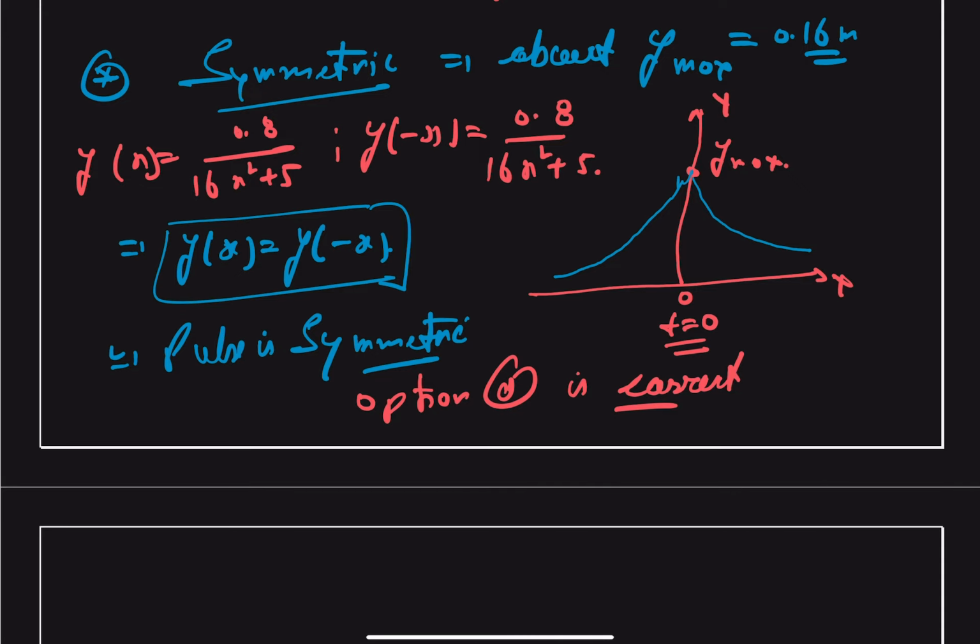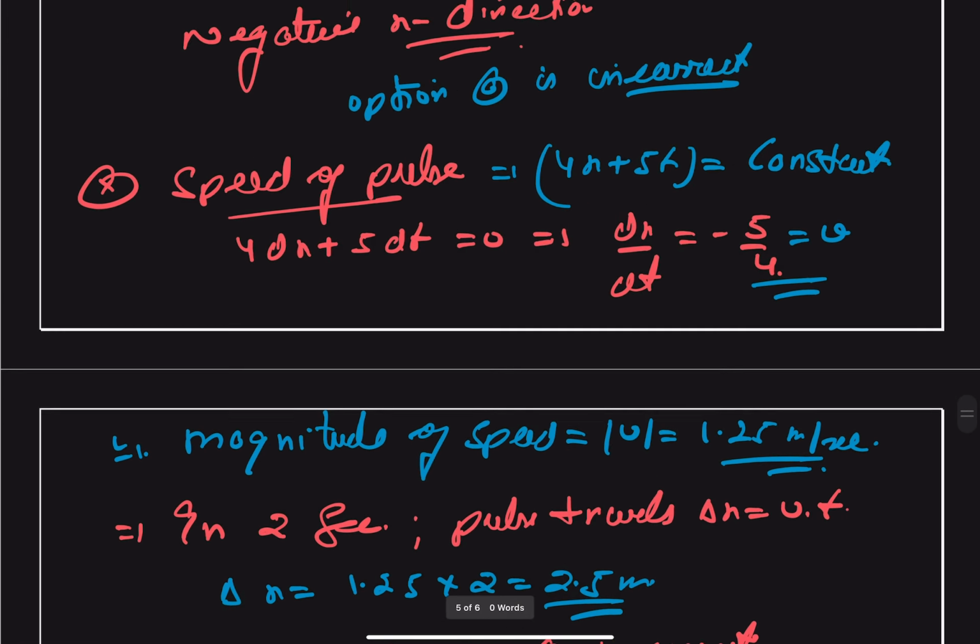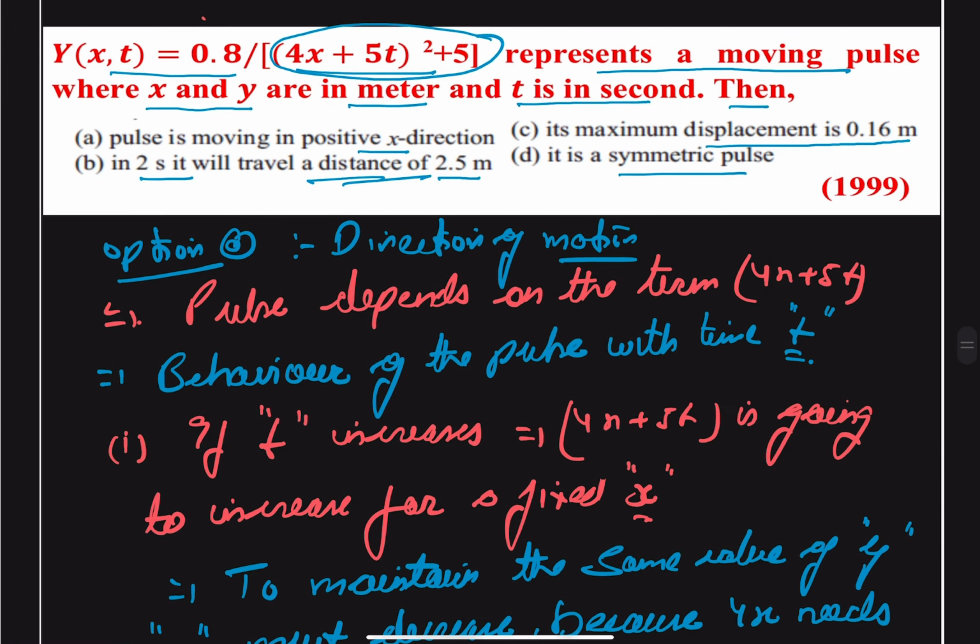So all the options except option A are correct. Option B is correct, option C is also correct, and option D as well, whereas option A is incorrect.